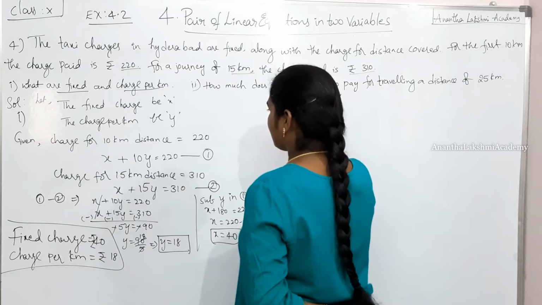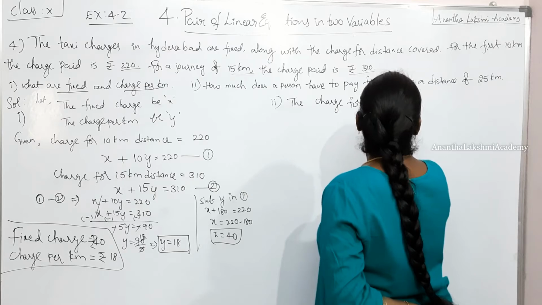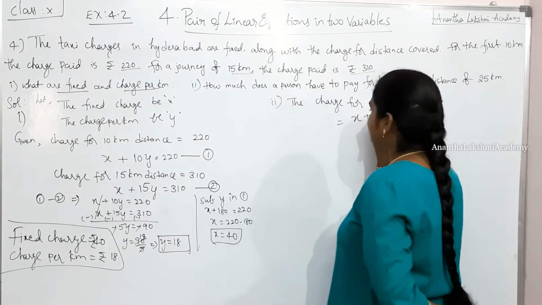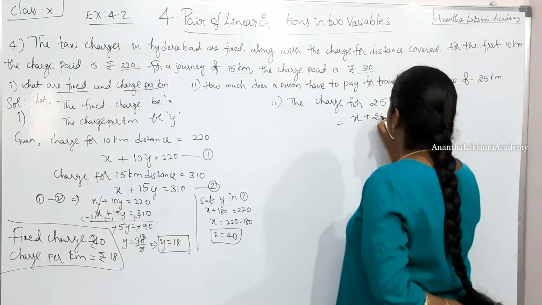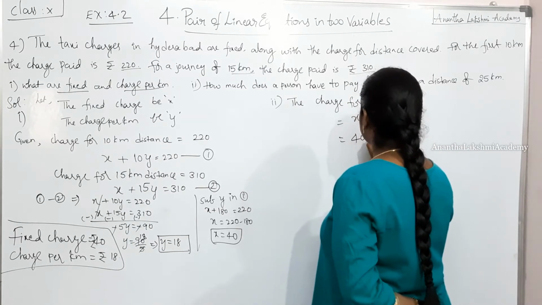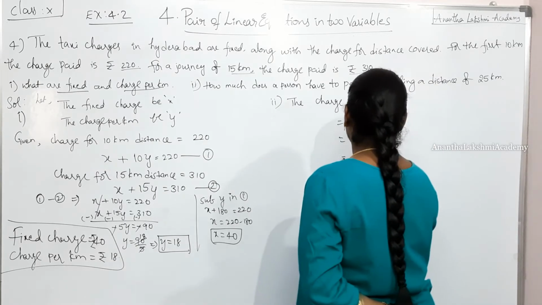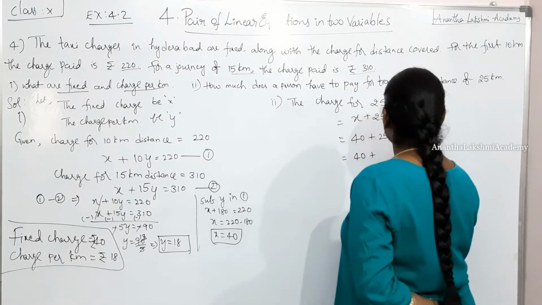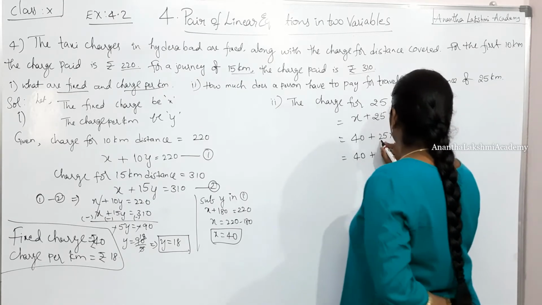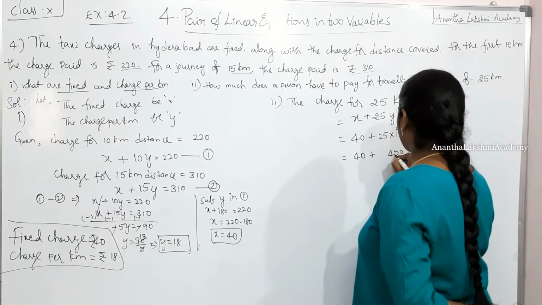So the charge for 25 kilometers is equal to the fixed charge plus 25 kilometers into the charge per kilometer, which is nothing but 40 plus 25 into 18. 25 eights are 200, 25 ones are 25, and 25 plus 20 is going to be 45.